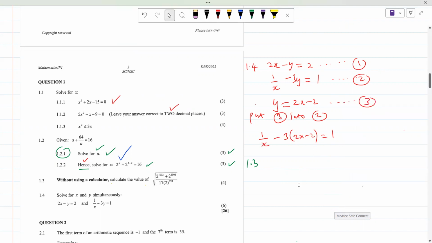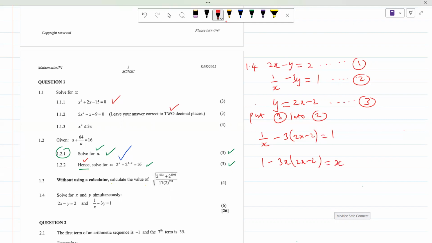So now let's just continue, dealing with these simultaneous equations. So this one is what? You multiply through by x, and you have 1 minus 3x times 2x minus 2 is equal to x.